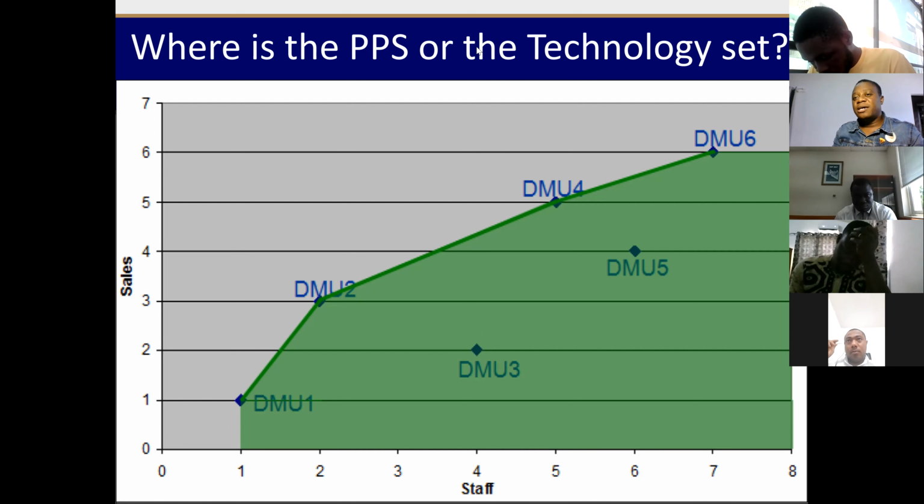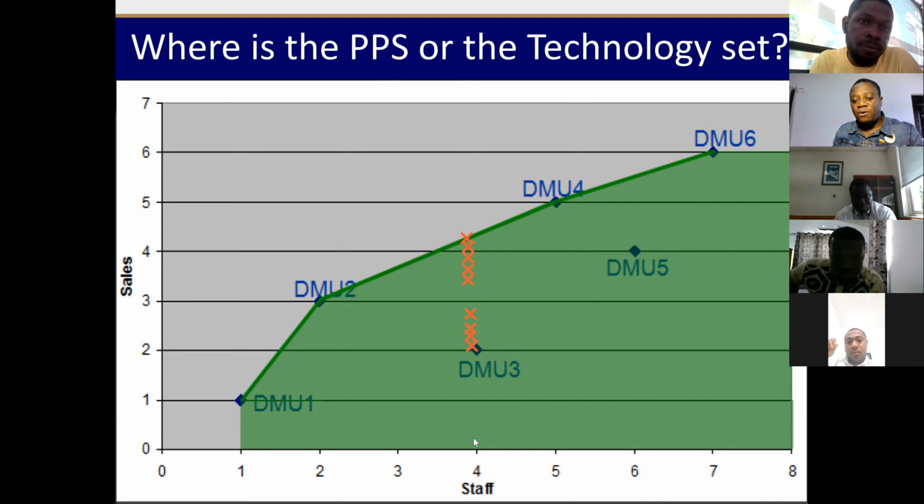If I were to identify any particular DMU here, let's assume there is a particular DMU located somewhere there. You will see that that DMU is also using the same input of 4 that DMU 3 is using.